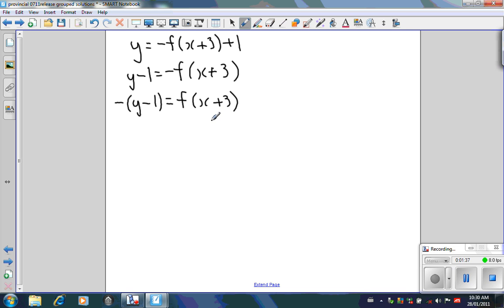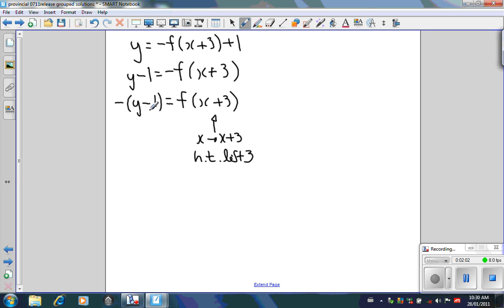Let's start off over here, the easy one. I've replaced x with x plus 3. And that's a horizontal translation. Plus 3 means it's left 3.